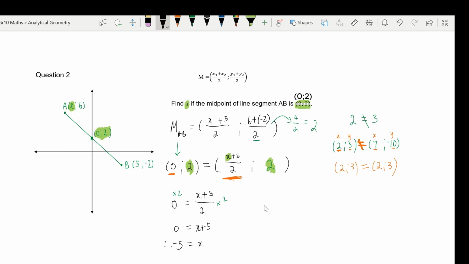So in other words, coordinate A would then be negative 5 and 6. There's our missing x that we found. Does it make sense if we think about where point A is? Well, point A is in the second quadrant where our x will definitely have a negative value. This question shows up all the time.